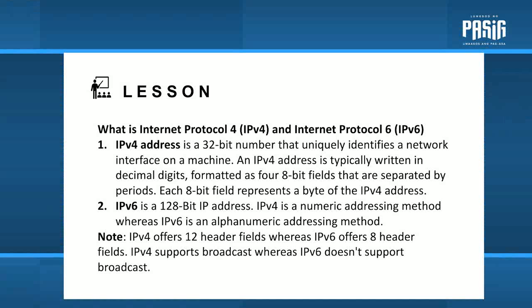Each 8-bit field represents a byte of the IPv4 address. What is IPv6? It is a 128-bit IP address. IPv4 is a numeric addressing method, whereas IPv6 is an alphanumeric addressing method.